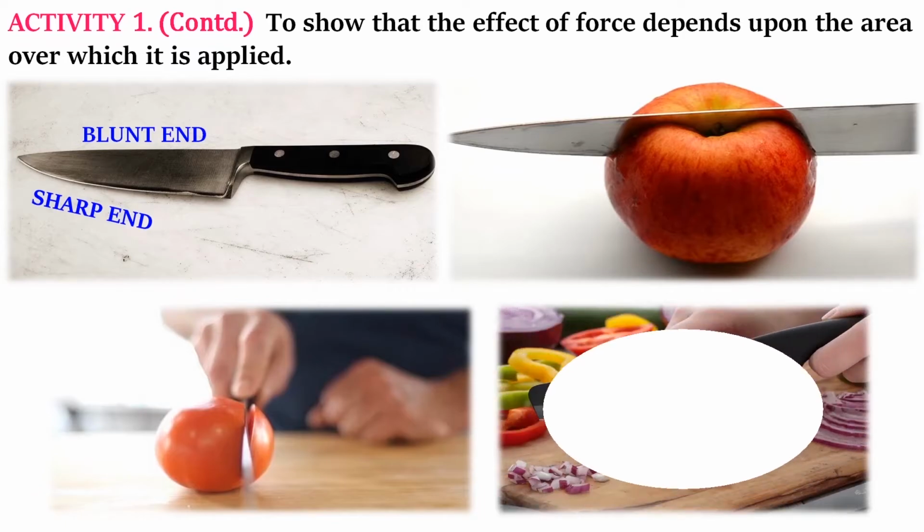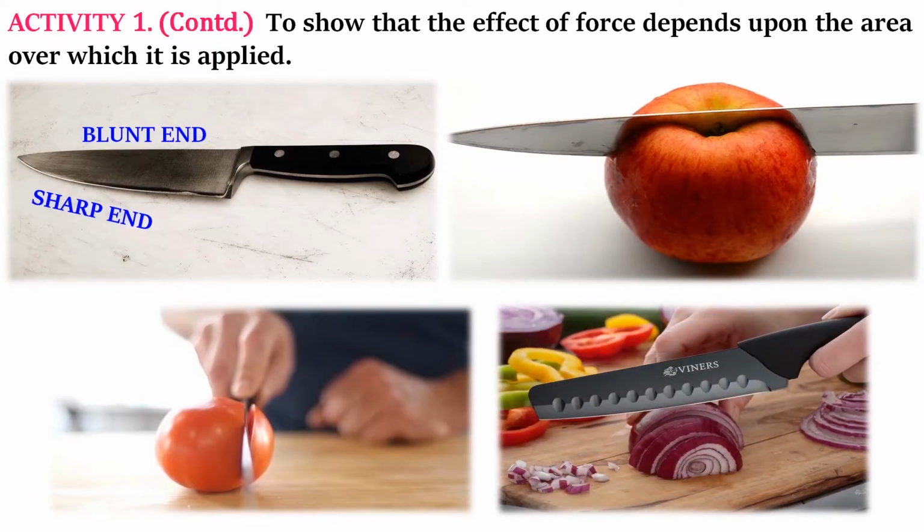Yes, or even an onion. The blunt end is having more area as compared to the sharp end. And we know that the sharp end, because it is having less area of contact, so the pressure applied to cut the vegetables or fruits is more when we use a sharp end as compared to the blunt end.